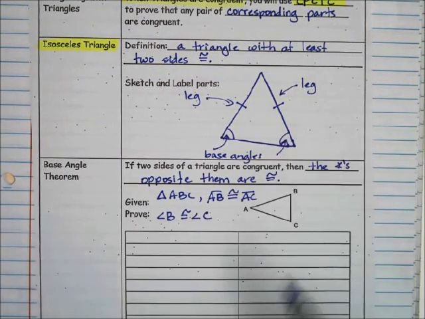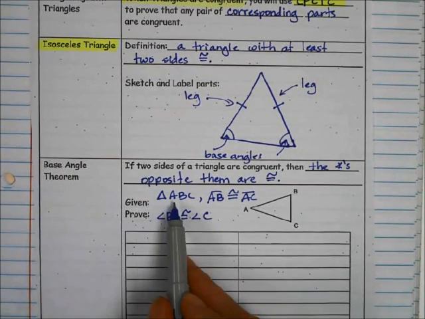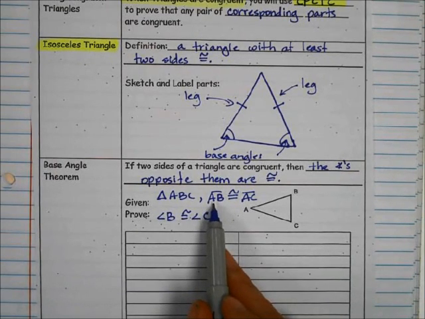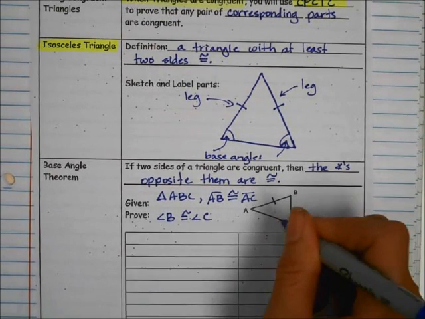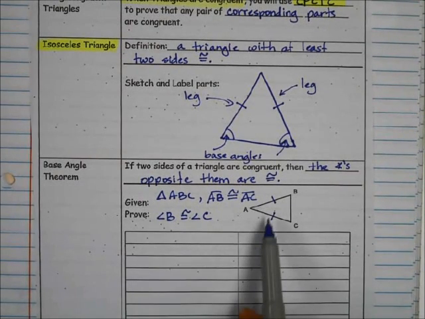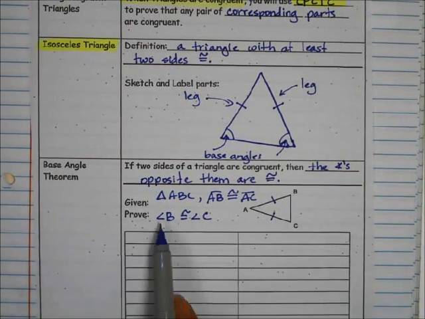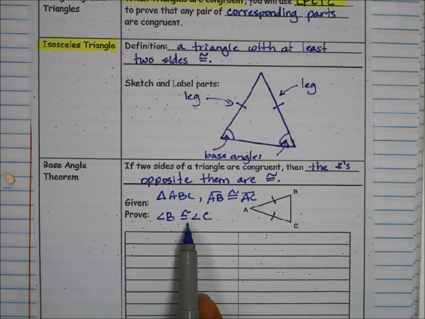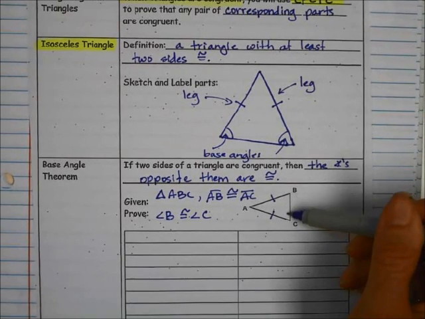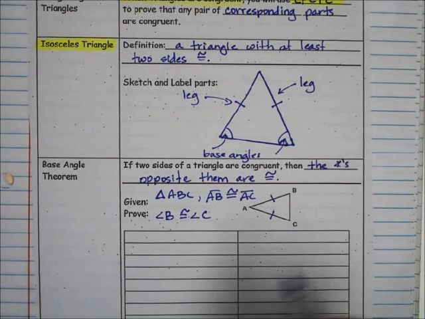So we'll start out with triangle ABC, and we know that AB is congruent to AC. Why? Because that is an isosceles triangle. We're going to prove that angle B is congruent to angle C. We're going to prove that the base angles are congruent.